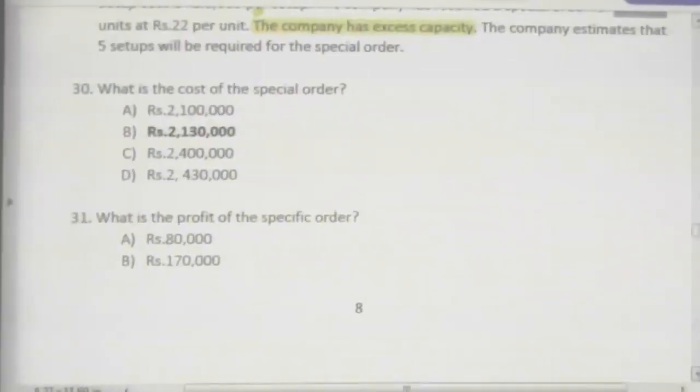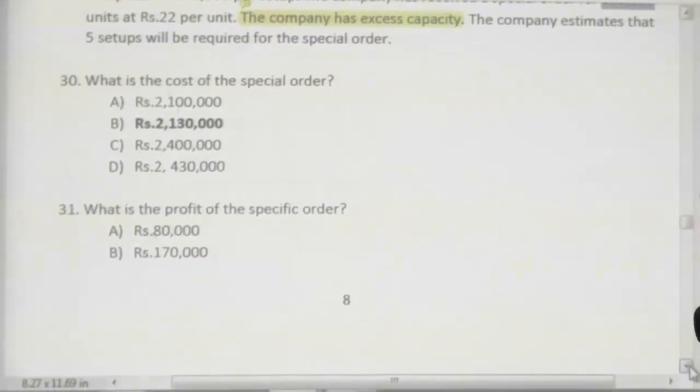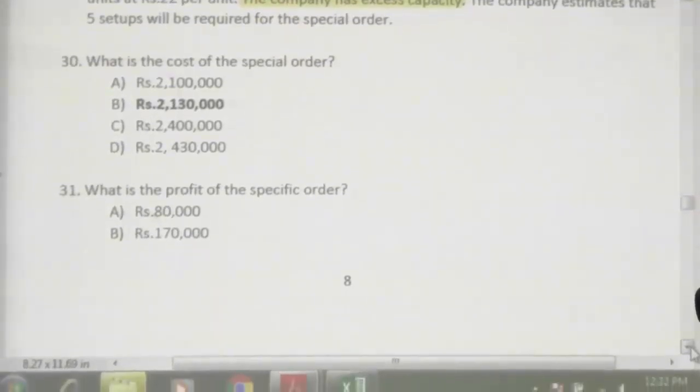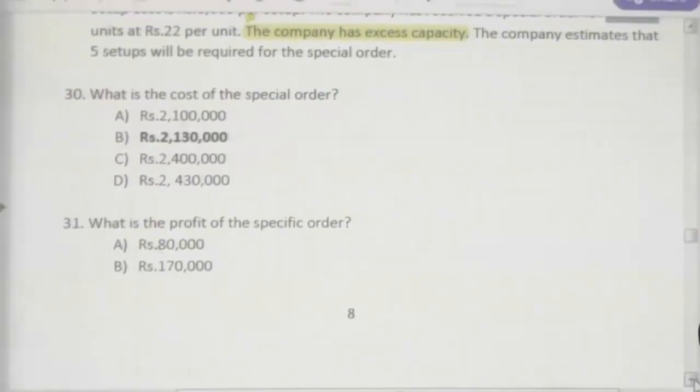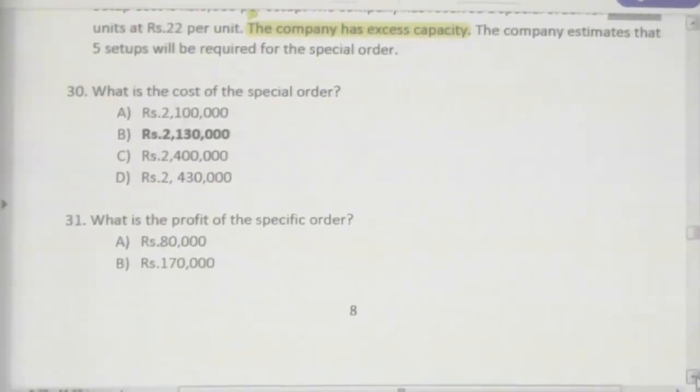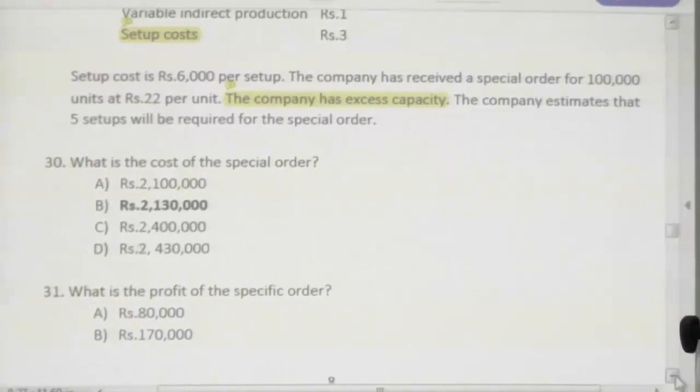Then let's move to question number 31. What is the profit of the specific order? You know your total cost will be 2.13 million. Your total revenue, they are expecting to give you 22 rupees per unit if you supply this. Therefore total revenue will be 22 into 100,000, that is 2.2 million, minus 2.13 million cost. Therefore net profit will be 70,000.